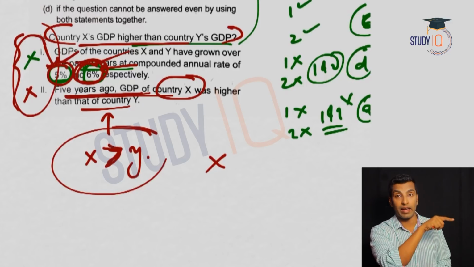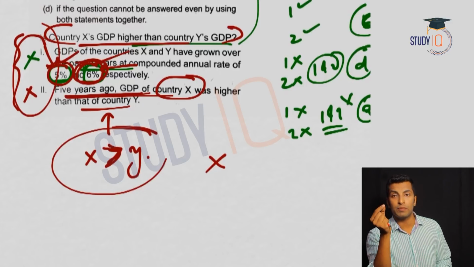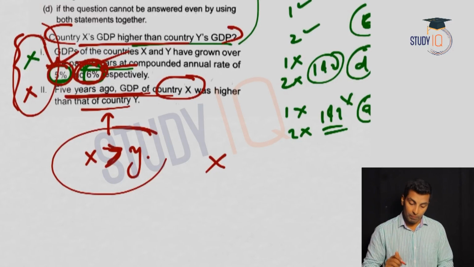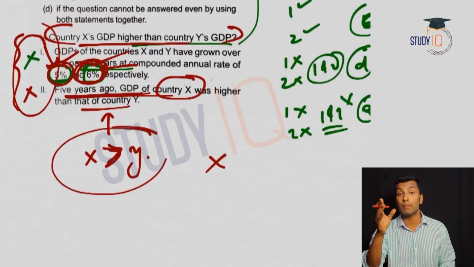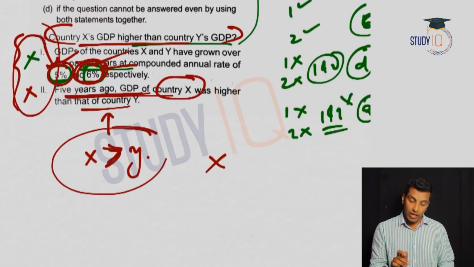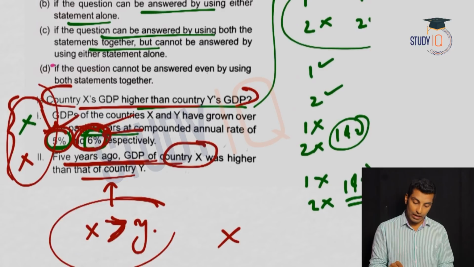But if that difference is very small, when Y is growing at 6%, Y might have overtaken X. That possibility is there. You don't need to calculate; this is what you need to think. Basically you can't tell whether X or Y is greater at present. So the answer is that even if you combine these two statements, you cannot answer this question.